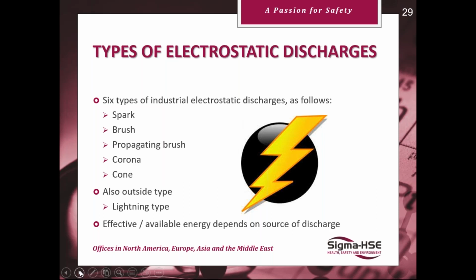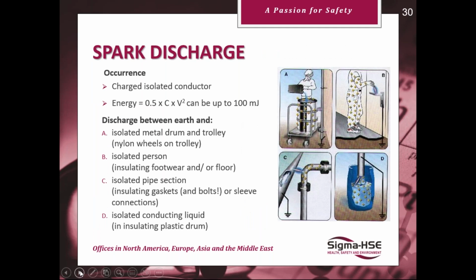So the effective and available energy depends on the source of the discharge. The most common one, as we see, is spark discharge, charged isolated conductors. The energy is calculated at half CV squared, so the voltage and the capacitance can give up to about 100 millijoules of energy, maybe a bit more in certain instances.